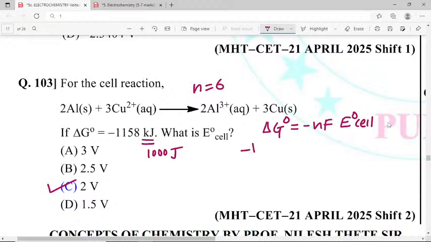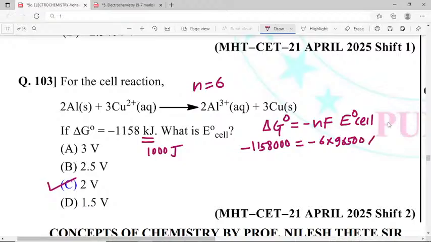Minus 1158 triple zero. N, what is the N value? N value as a 6, multiply by 96500 coulombs. 1 Faraday is 96500 coulomb. E naught cell we have to calculate.